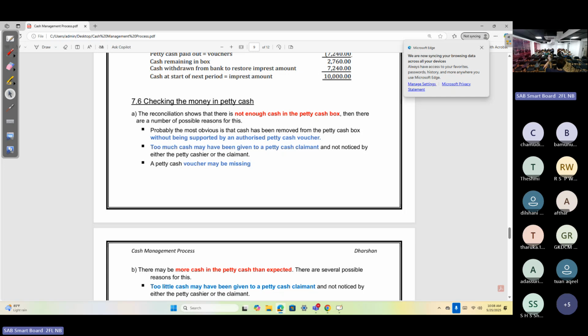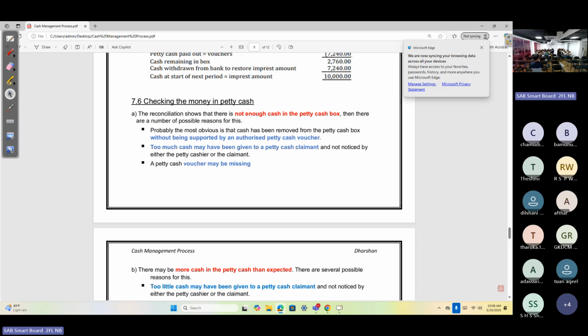Second, the petty cash physical balance is higher than the book balance.